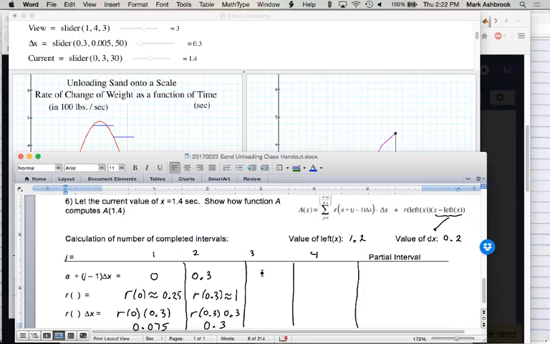Here we go. When j equals 3, that's the third completed interval. That formula gives us the x value, right? The x value at the left side of that third completed interval would be 0 plus 2 times delta x, which is 0.6. Then you take that left value and plug it into r: r of 0.6 from the graph, approximately.